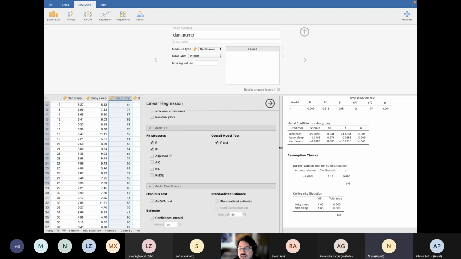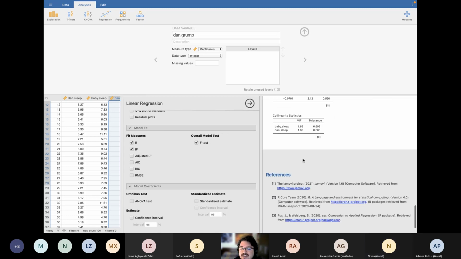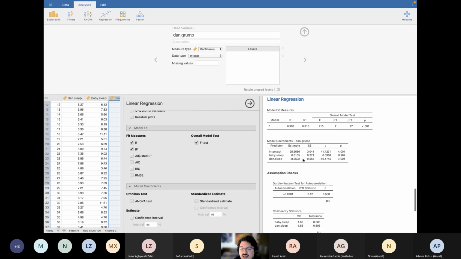That is part of the analysis of variance, and that test gives you a measure of the quality of the model. Importantly, you would like the p-value of that F test to be lower than 0.05, which is the standard threshold. So that's good.